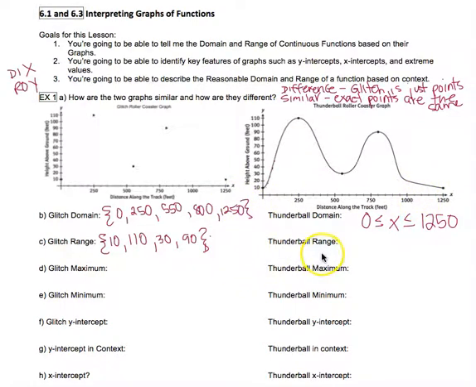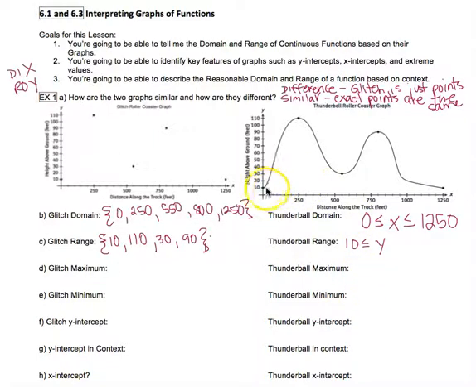When I am looking for the range, I'm looking for the floor and the ceiling. So I'm going to look for the very lowest point. So looking down, the lowest y I see here is 10. I look across to see if there's anything below that. Nope, 10 is the lowest y value that I see. So that's going to be the lower limit or the left side bun on my inequality sandwich.